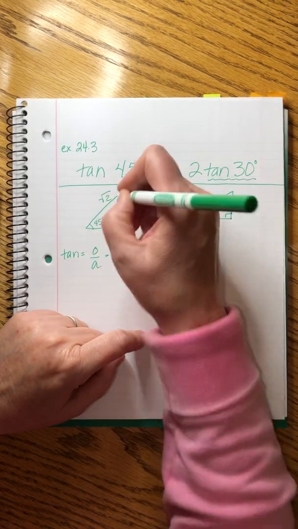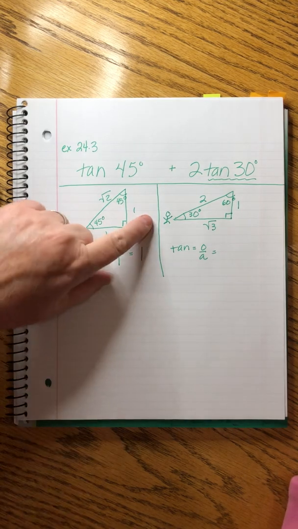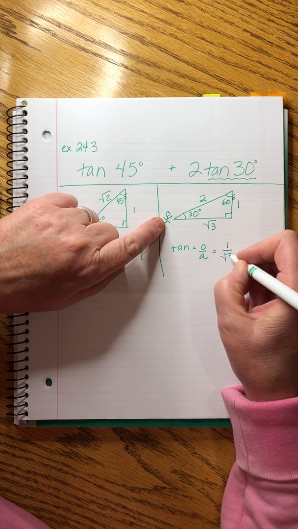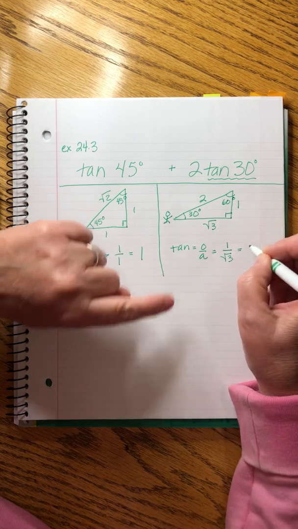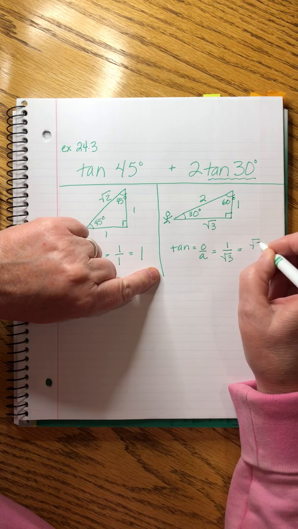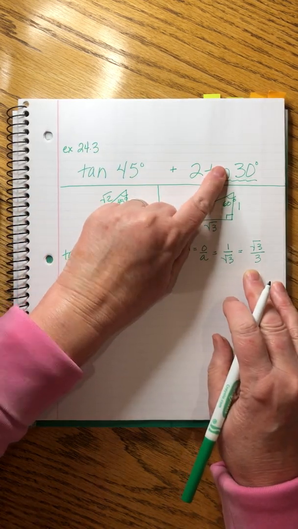Okay, I didn't put my degrees in. Can't have that. Okay, so opposite is 1. Adjacent is square root of 3. We can rationalize it right away. We multiply it by square root of 3 over square root of 3, so we get this. That's all beautiful. That's the tangent of 30.